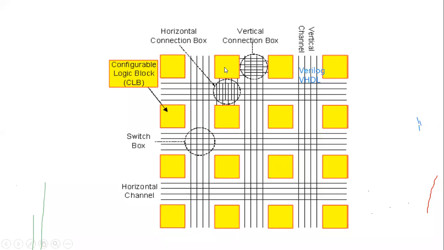For connections between one CLB and another CLB, you can use either the horizontal connection box or the vertical connection box. And the third type is for the connections between the horizontal and vertical lines, and this is called the switch box. So these are the three types of connections we have.